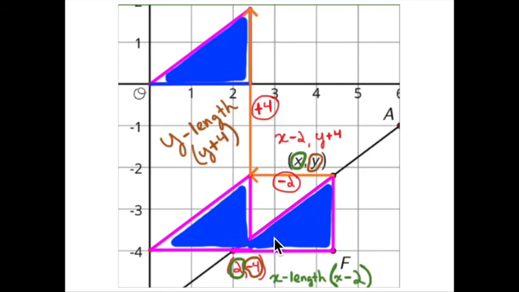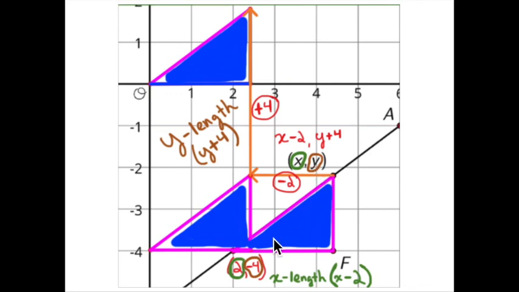Notice you're going to slide this triangle up 4 units. So that is y plus 4. But notice mathematically you're looking at y minus a negative 4. And y minus a negative 4 is the same as y plus 4. It's a nice way of looking at subtracting negative integers.